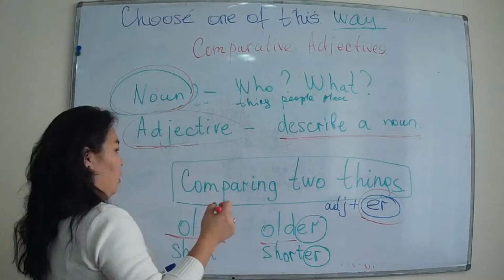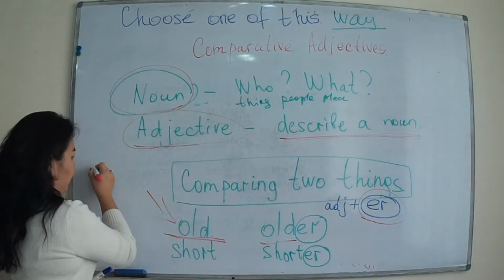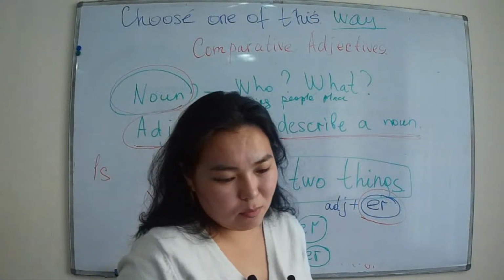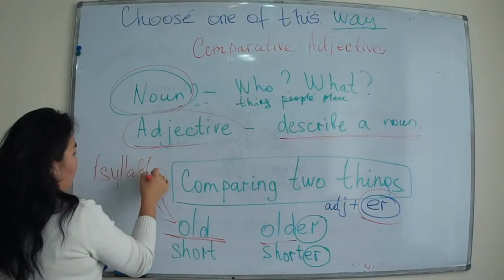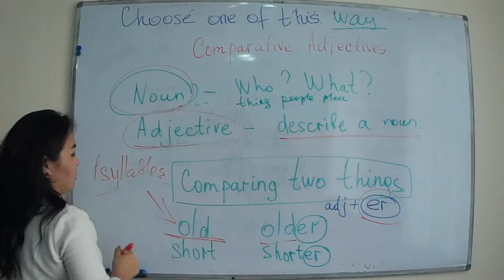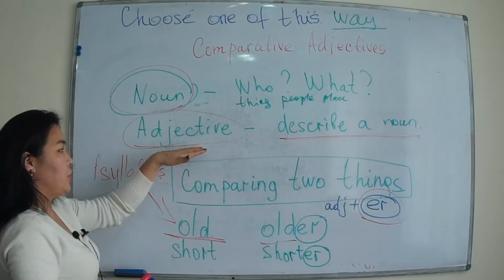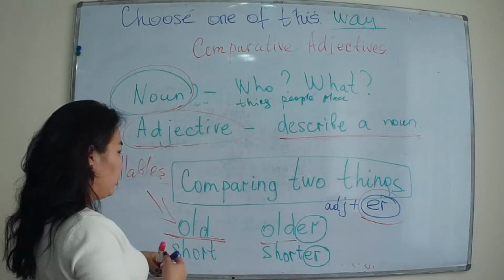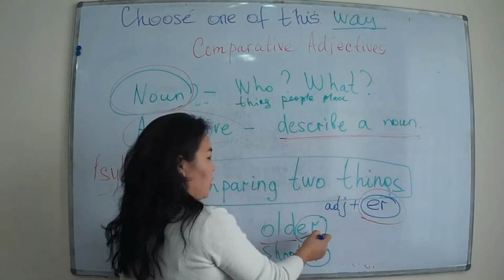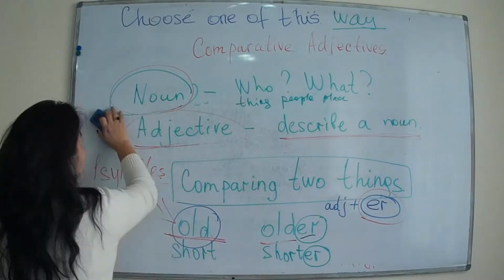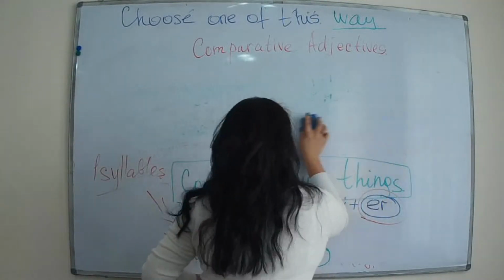When the adjective has one syllable, we add only er. I hope that you remember what a syllable is, one syllable. If the adjective has only one syllable, it has the ending er. Old. I will write here. What do you need to remember?